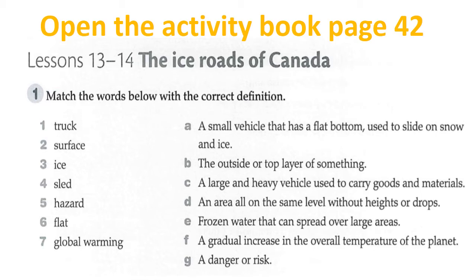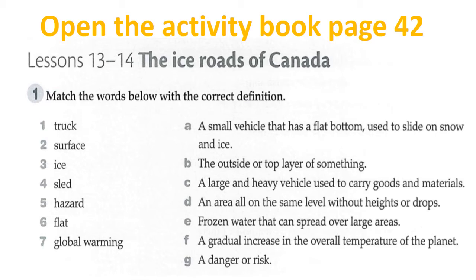A. A small vehicle that has a flat bottom used to slide on snow or ice. B. The outside or top layer of something. C. A large and heavy vehicle used to carry goods and materials. D. An area all on the same level without heights or drops.